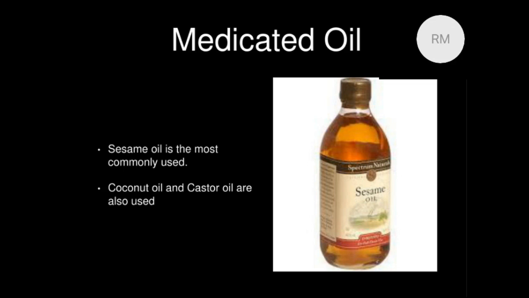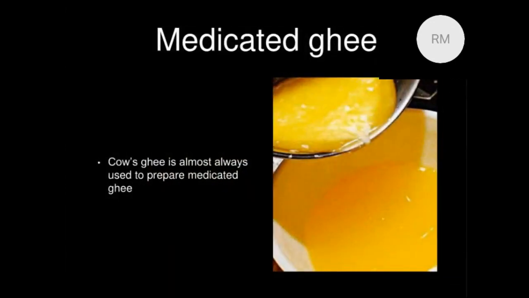Okay, so that's about medicated oil, and then we have medicated ghee. As I said, the preparation is very much the same: 1 part of the medicinal paste, 4 parts of the fat, which could be either oil or ghee, and 16 parts of the liquids.